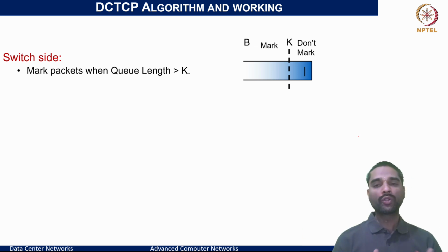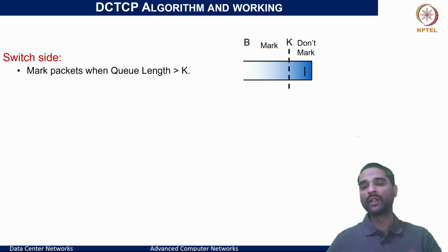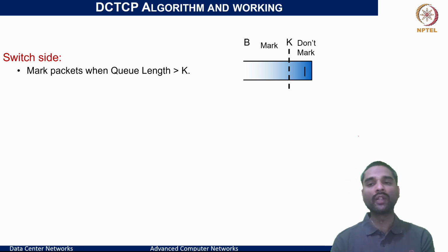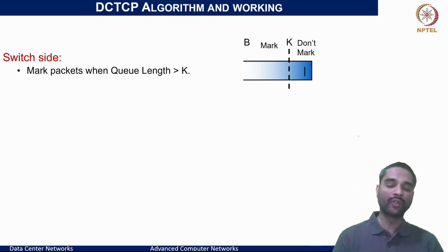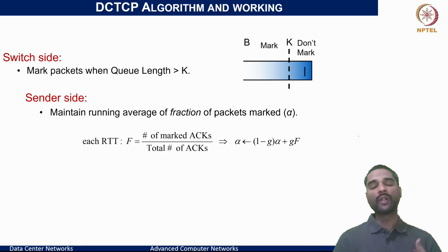But once you set this value k, any time a packet arrives and the queue length has exceeded k, you mark that packet and forward it to the destined receiver. If the buffer size is lower than k, you wouldn't mark it and it would be considered normal traffic.